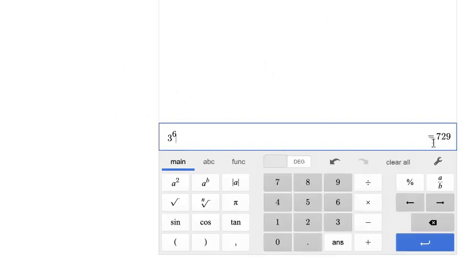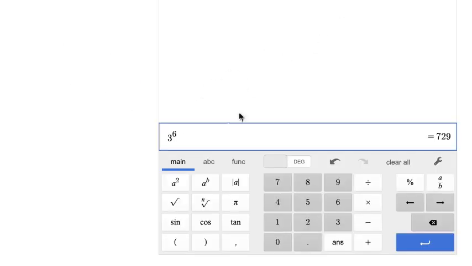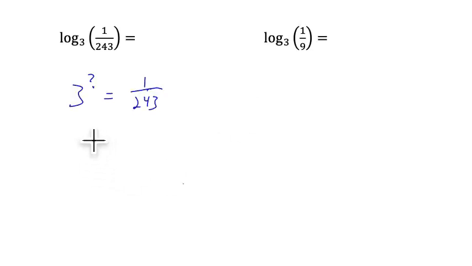Let's see, 3 to the 6th power is 729. And we want 243, so let's try 3 to the 5th power. There we go. All right, let's make a note of that: 3 to the 5th power equals 243. But we want 1 over 243. Well, that would be 3 to the negative 5th power.